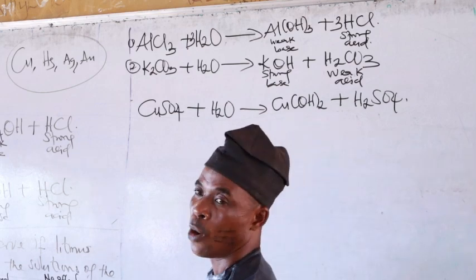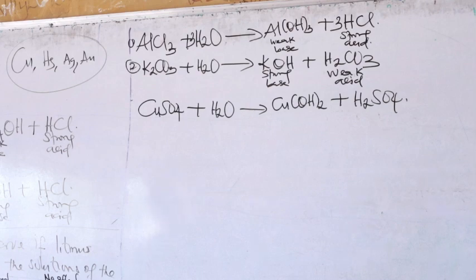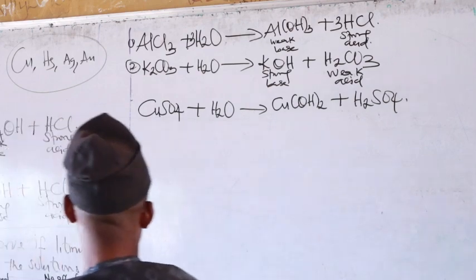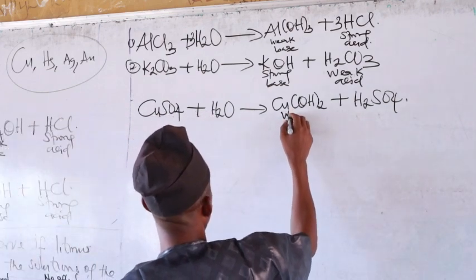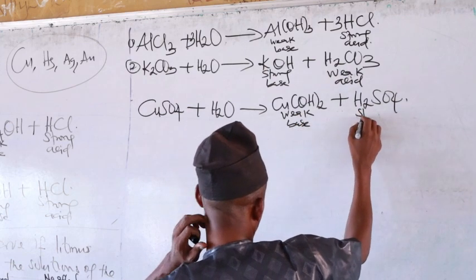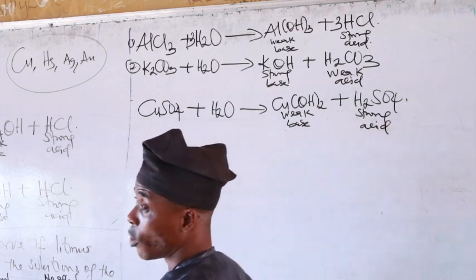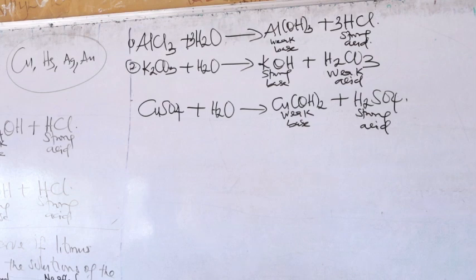H2SO4. What type of base is copper hydroxide? So we have a weak base, then we have a strong acid. Then the solution of the salt will turn blue litmus paper red. This is also right.